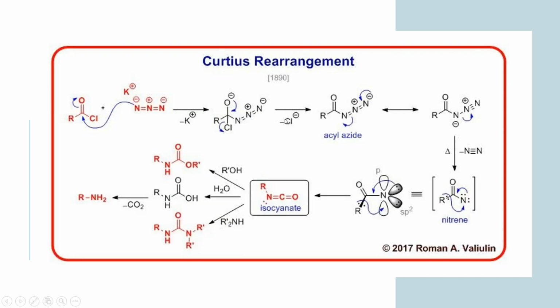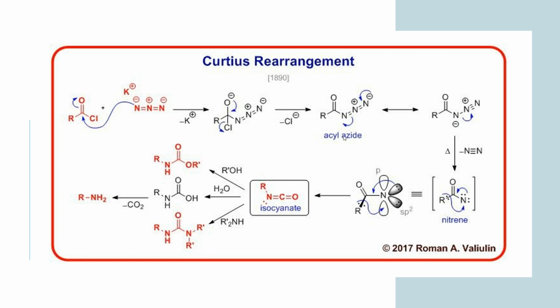It is following the Curtius rearrangement pathway, where at first you get acyl azide by the reaction of acid chloride, and if you have diazomethane as well, in that case also it will follow a similar pathway, where you have to eliminate a nitrogen molecule and you get isocyanate as the intermediate of the reaction.